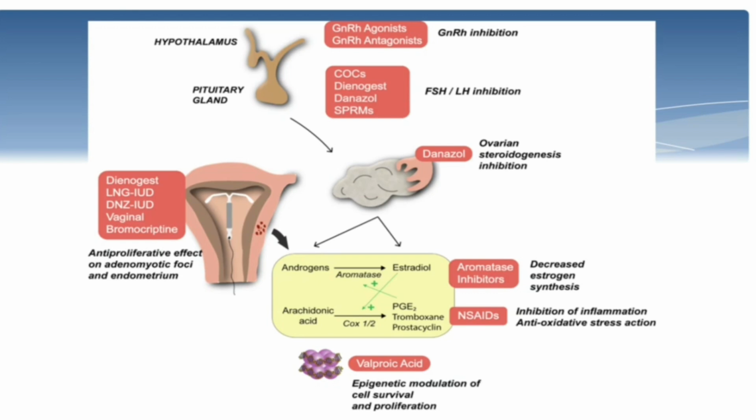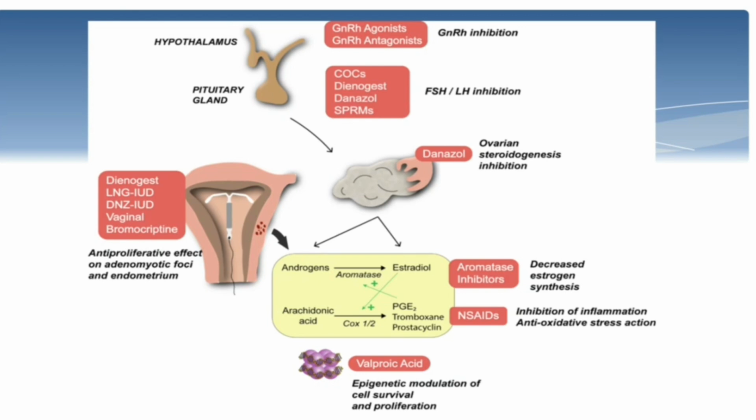Now the figure as a whole, medical treatment management mechanism. Some are the GnRH inhibition, that are the GnRH agonists and antagonists. They work on hypothalamus and inhibit GnRH. And COC, that is combined oral contraceptive, danazol, and selective progesterone receptor modulators work on pituitary gland and inhibit FSH and LH hormone.